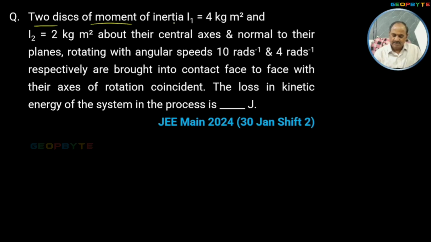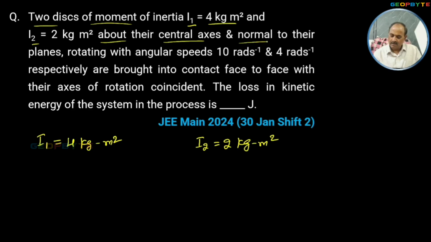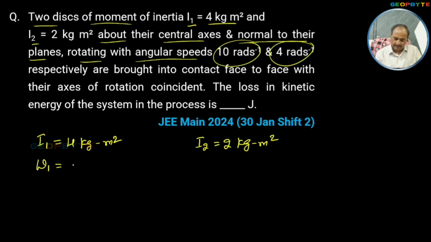Two disks of moment of inertia I1 equal to 4 kg meter square for the first disk and I2 equal to 2 kg meter square for the second disk, about their central axis and normal to their planes, are rotating with angular speeds 10 radians per second for the first disk and 4 radians per second for the second disk.